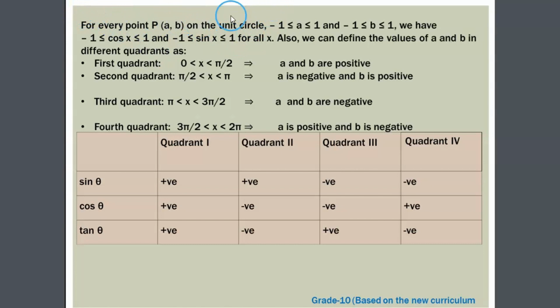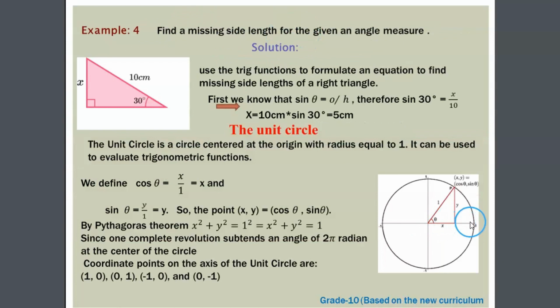For any point (a, b) on the unit circle, the x value is a and the y value is b. The x values on the x-axis are all between -1 and 1. The y values on a unit circle are also always between -1 and 1 at the same time.